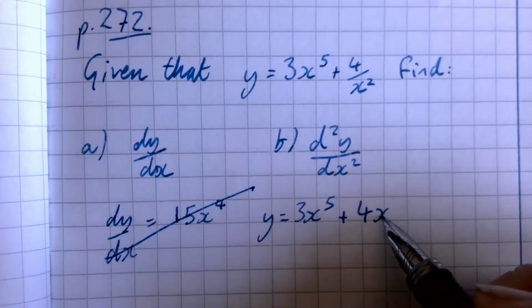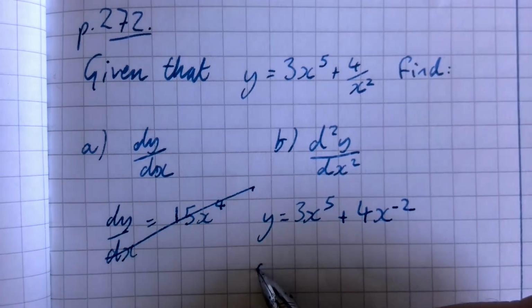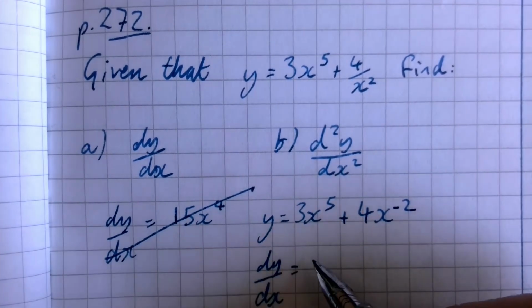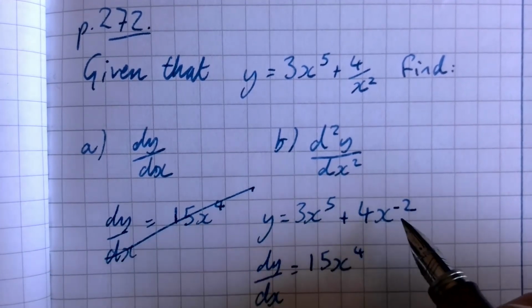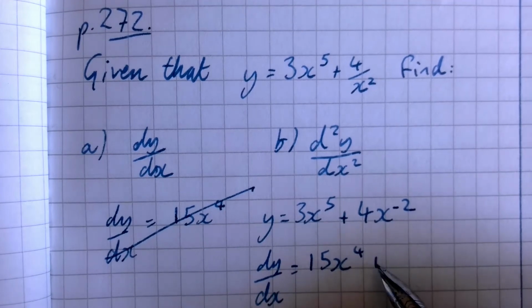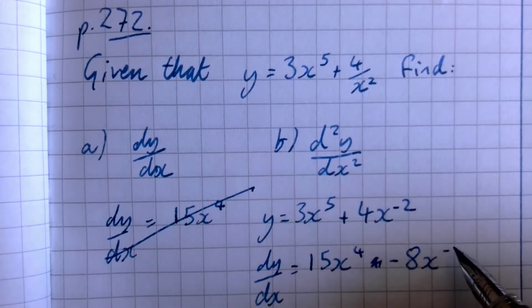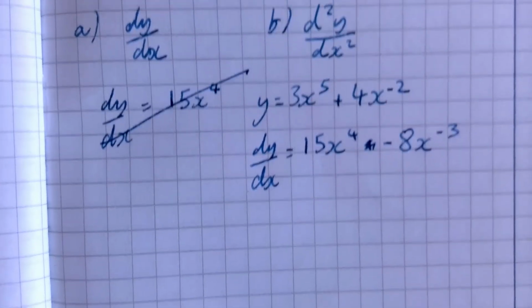So that would be 4x to the power negative 2. Then that's going to be easier. So we should then have dy over dx being 15x to the power 4, multiply 4 by negative 2 to give us negative 8, and that'll be to the power negative 3.